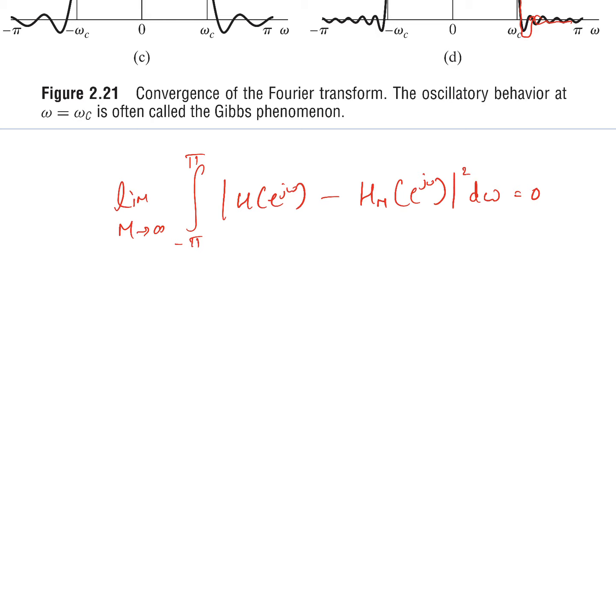But you should not think that way, because here the Z transform does not exist, but still you are able to compute the Fourier transform in this sense. Okay, so we can stop here today, and we shall discuss the Z transform in much more detail in the next class.